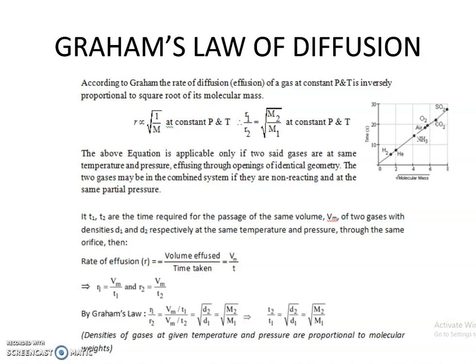It is less, because 44 is a larger number. The rate of diffusion is inversely related to the molecular weight. The more the molecular weight, the lesser the diffusion, and therefore carbon dioxide diffuses less than oxygen. This is the case of the gaseous state.